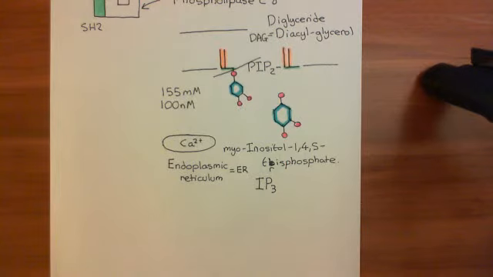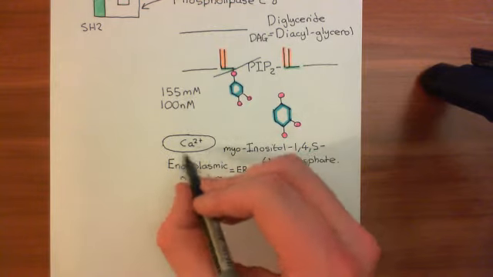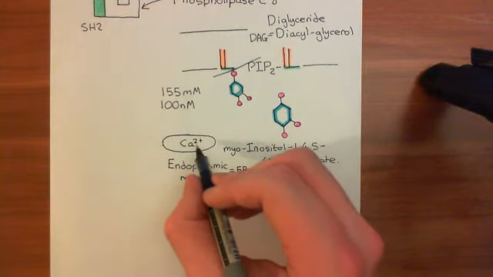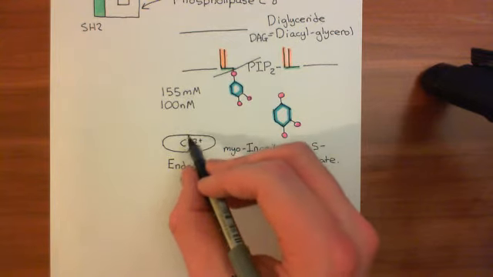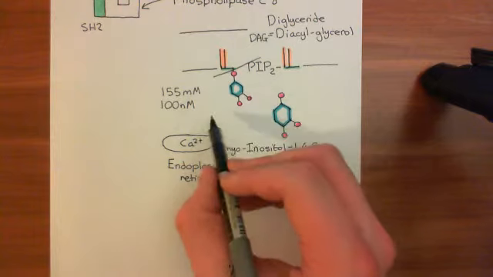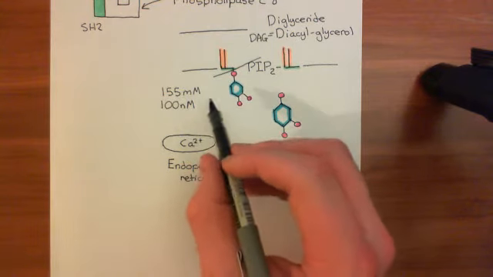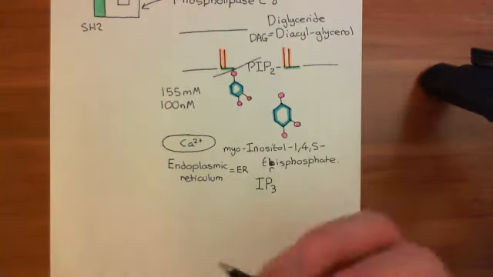Okay, so you do, however, have a much, much higher concentration of calcium in the ER lumen. And basically, if you open up little channels across the ER membrane, then calcium can leave the ER lumen and go into the cytoplasm. And this calcium will then act as an intracellular signal and will cause all sorts of downstream effects.